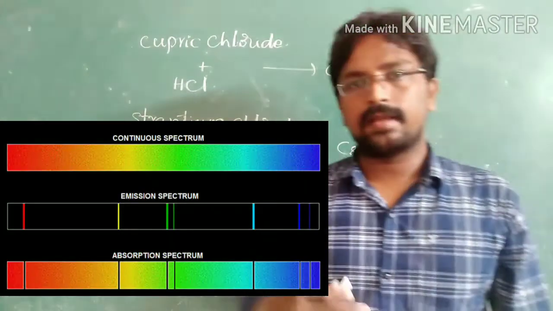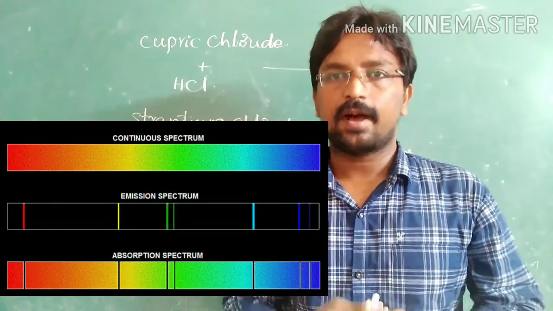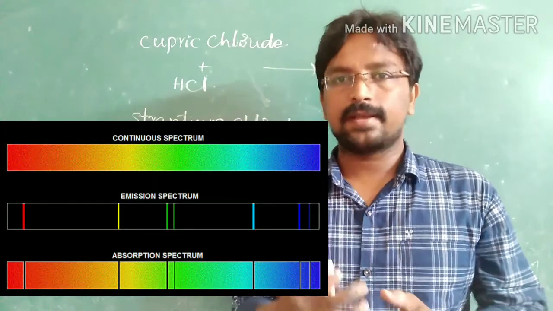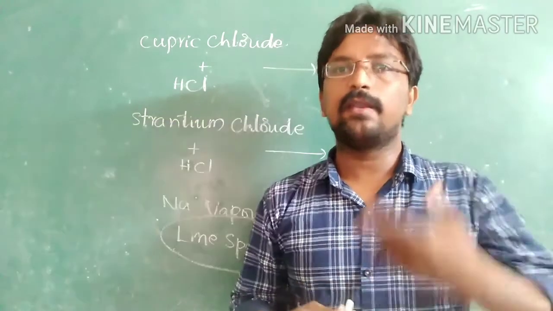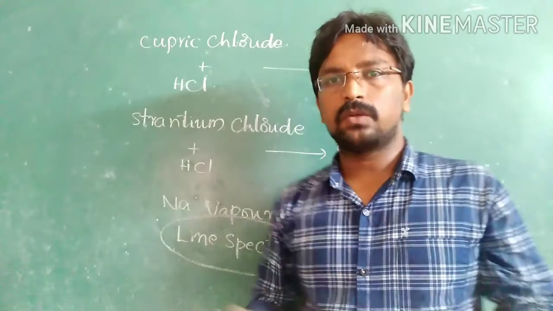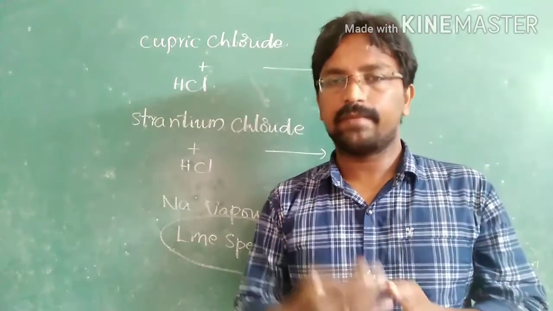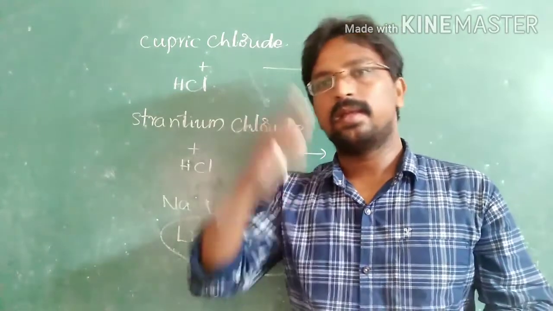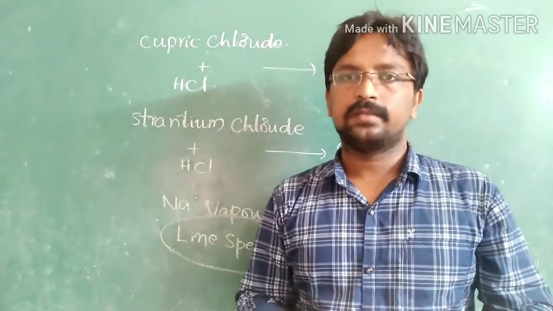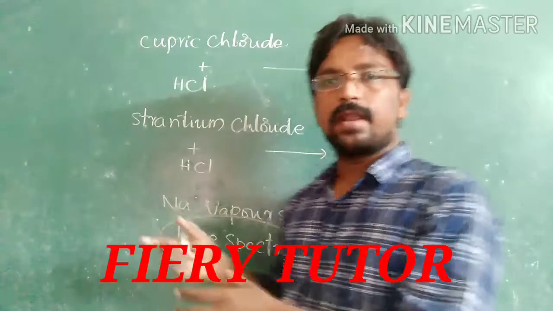The lines in the atomic spectra are useful to recognize or detect unknown elements. Each line represents one wavelength, and the wavelength belongs to the specified element. So this is about the line spectrum.